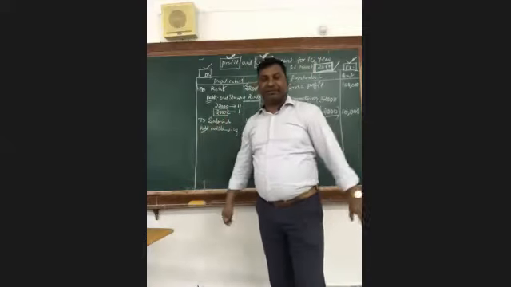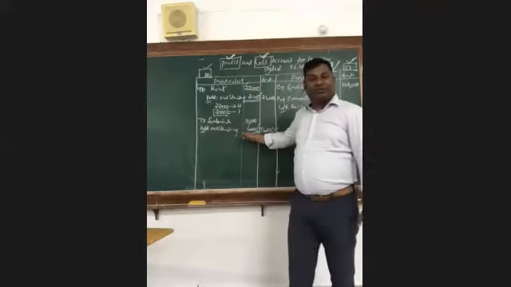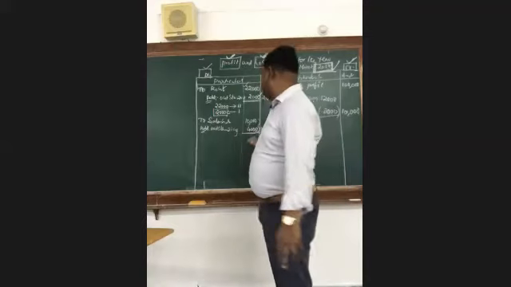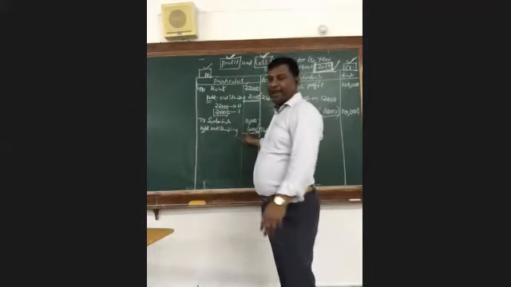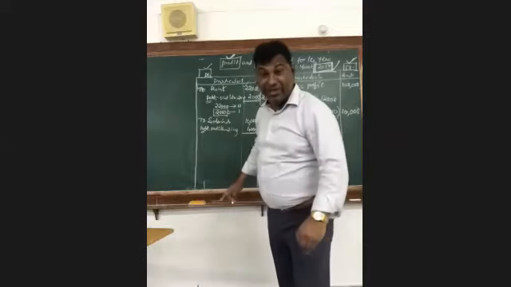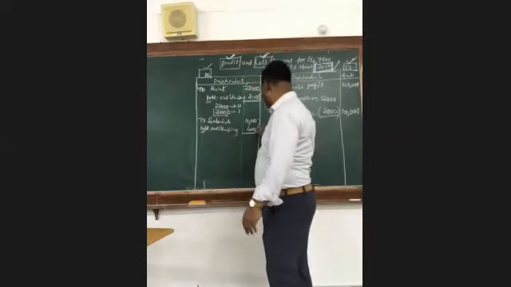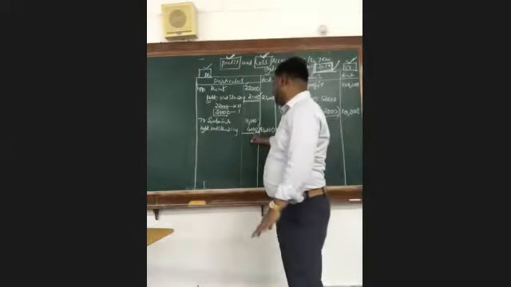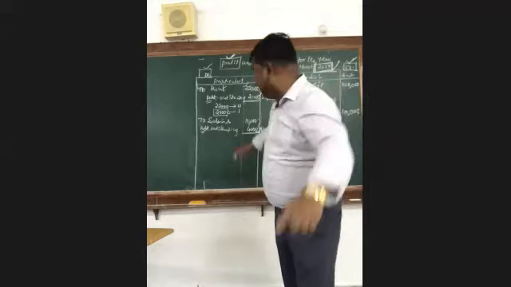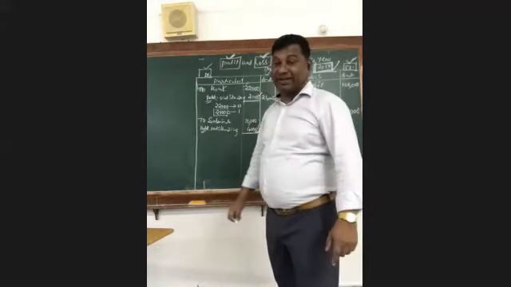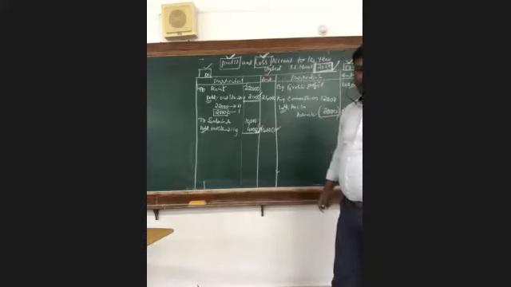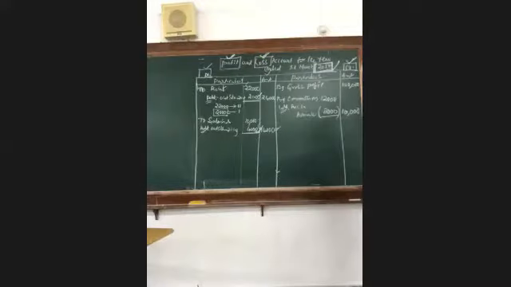Whether paid or not, you have to account for it. It may be paid next year, but this 4,000 belongs to 2017, so you have to write it. Understand? Yes, sir.